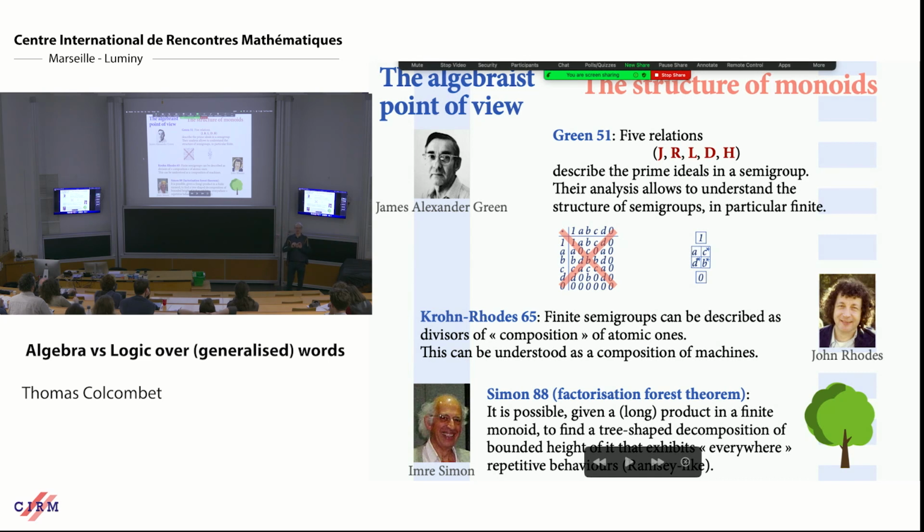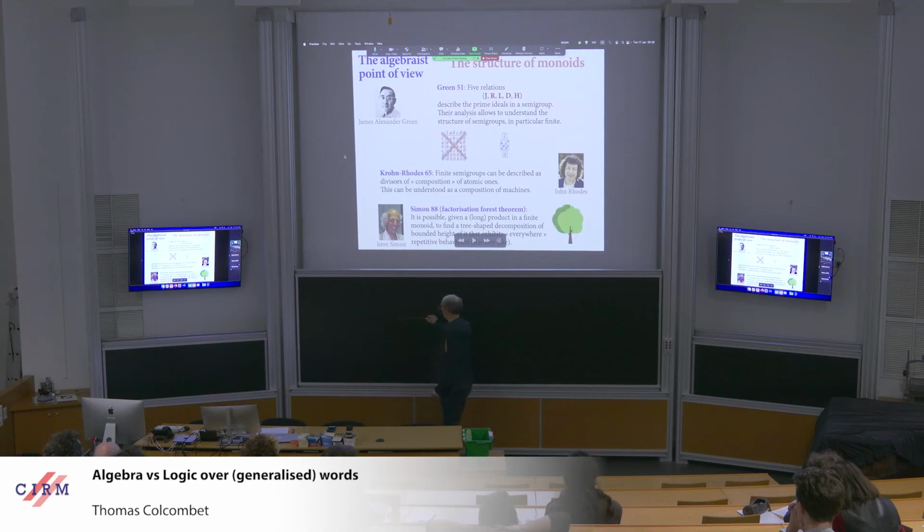If you have a very long sequence of elements in a monoid or a semigroup, a priori, if you want to evaluate it, you have to read them one after the other. But this factorization theorem tells you that you can decompose it. So you have your long word, and you can find, for instance, sequences like that, such that if you evaluate the factors, they will, for instance, always be the same idempotent.